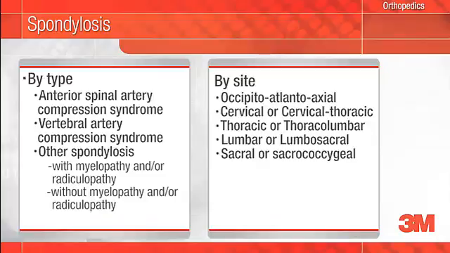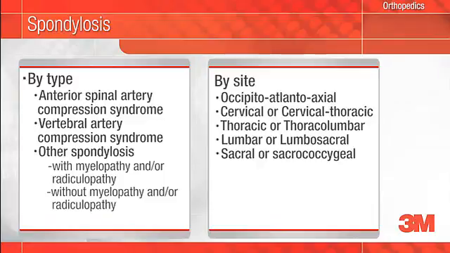And although ICD-9 did provide for the reporting of spondylosis affecting the cervical, thoracic, or lumbosacral spinal column, ICD-10 again has more detail by providing additional codes for the occipito-atlantoaxial and sacral sites of the spinal column.